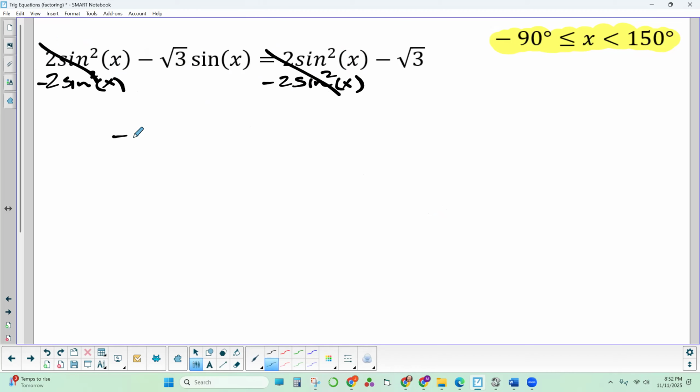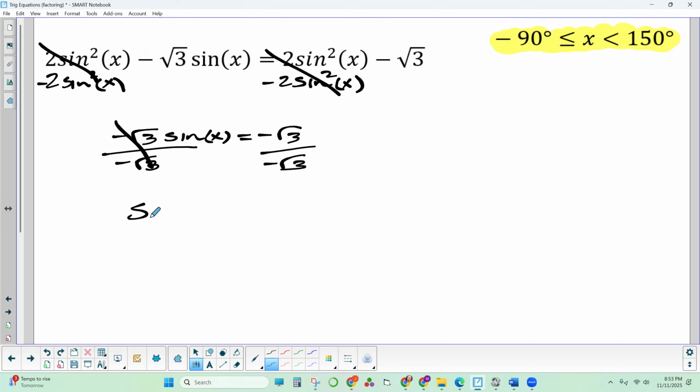And in doing so, they cancel out both. So now I'm left with negative root 3 sine x equals negative root 3. And then I'm going to divide off this, and I'm left with sine x equals negative root 3 over negative root 3, which is simply 1.